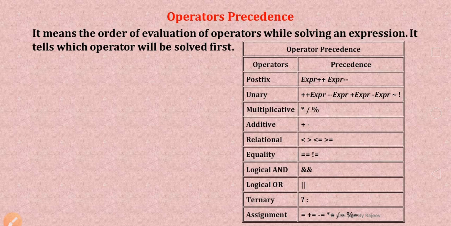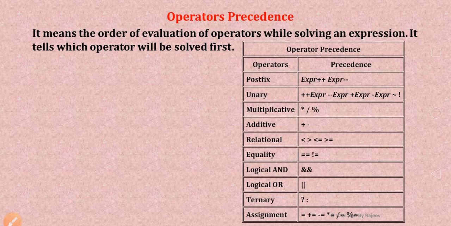So if you will see this table, if in an expression there will be a postfix expression, that will be solved first. After that prefix, after that multiply, division, modulus, after that plus and minus. Here multiplicative means multiply, division, modulus.